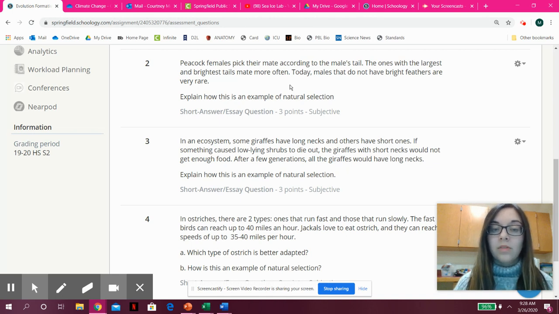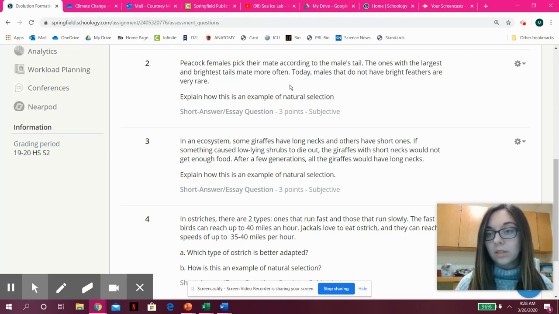This is an example of natural selection because the females choose to mate with the males that have the larger and brighter tails. So that is the better adapted trait. Those that are better adapted survive to reproduce.